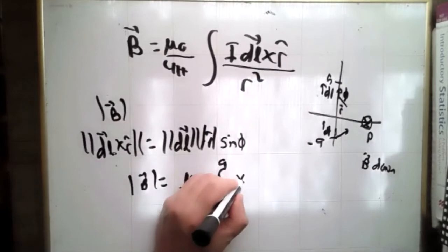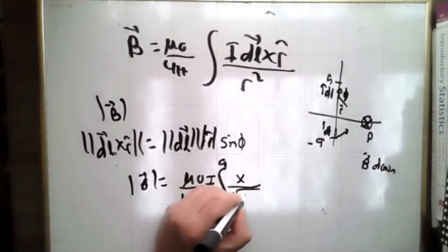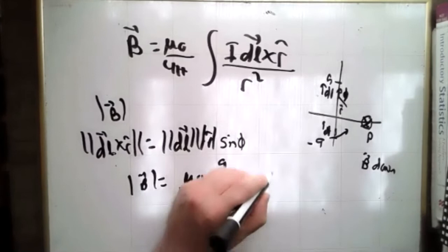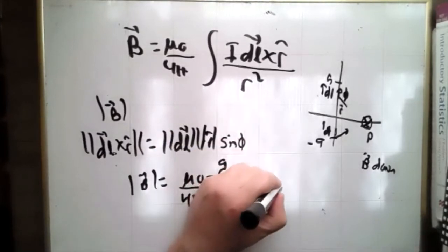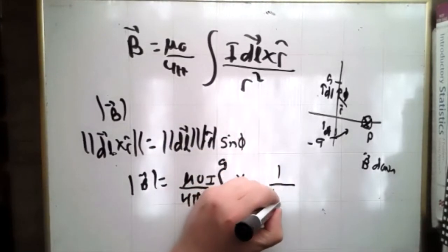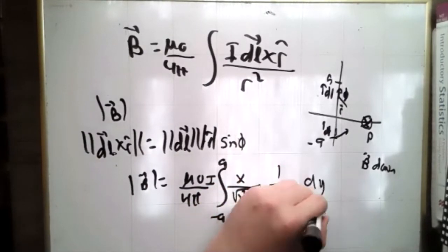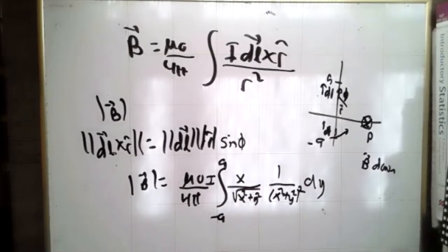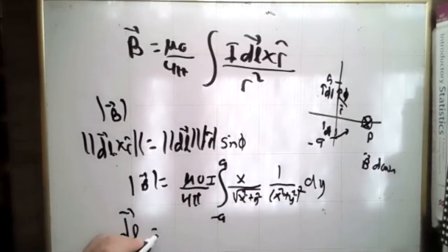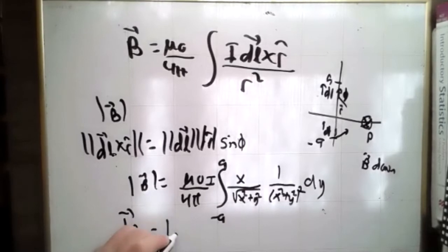I get x over square root of x squared plus y squared over r squared. So times another 1 over x squared plus y squared, squared, dy. dl here is magnitude of dl, which is 1 dy.